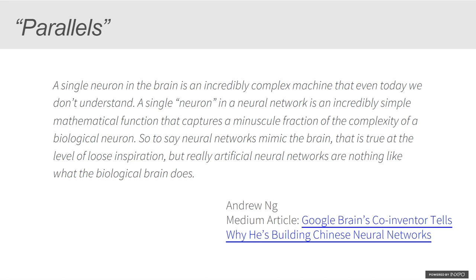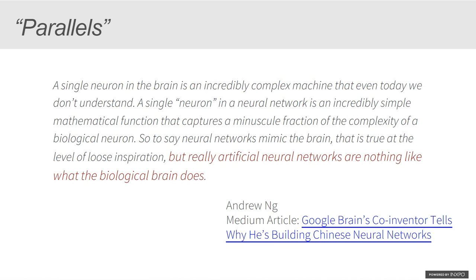All right. Saying that, a single neuron in the brain is actually a very complex machine. And the quote that I want to call out was here at the bottom. It's the note that artificial neural networks are really nothing like what a biological brain does. Okay, we try to mimic it. It's a simplistic representation of it, but we wouldn't necessarily say that it actually does what a biological brain does.